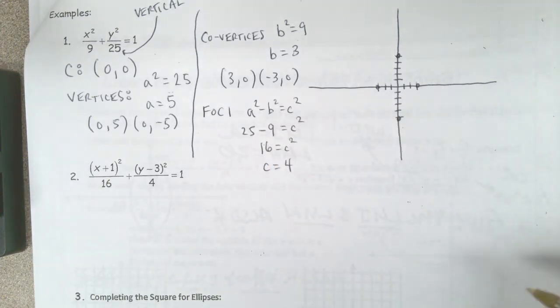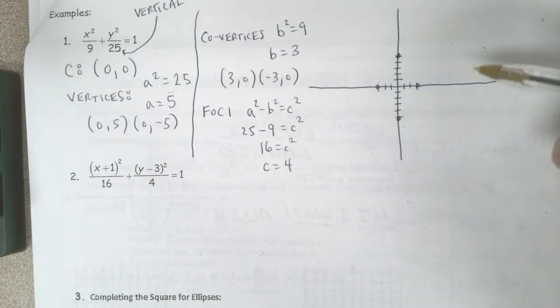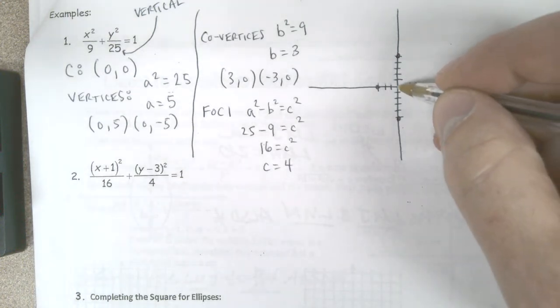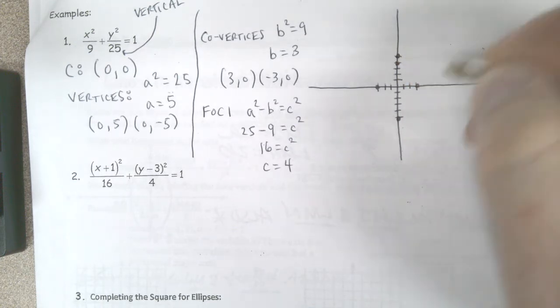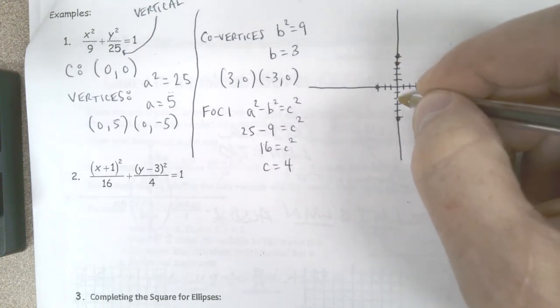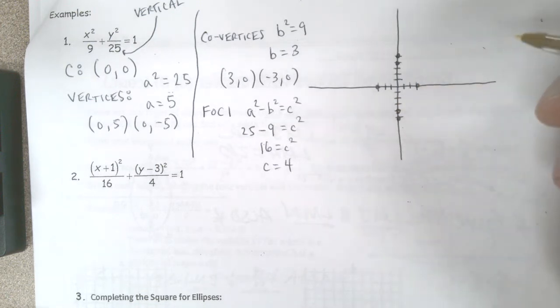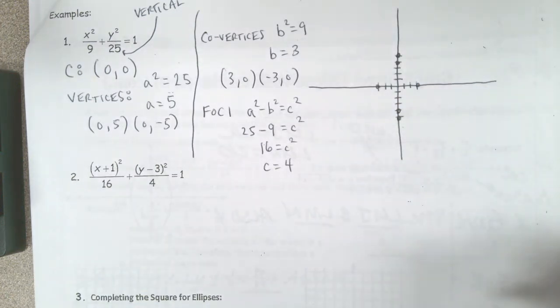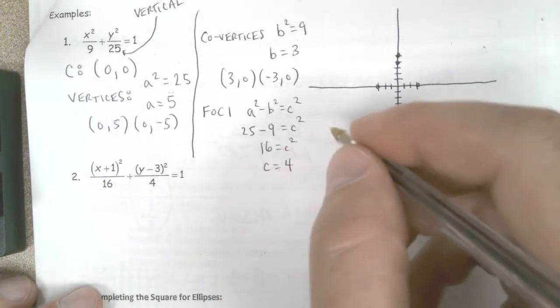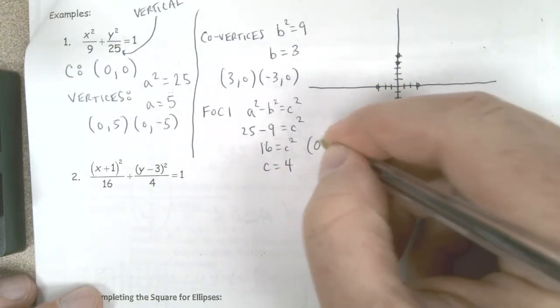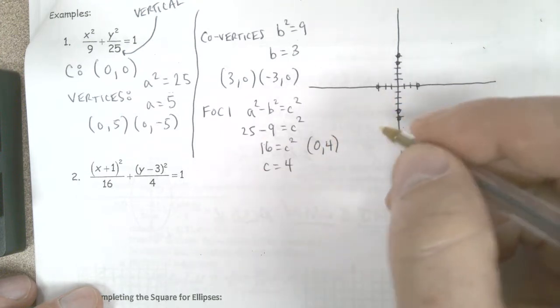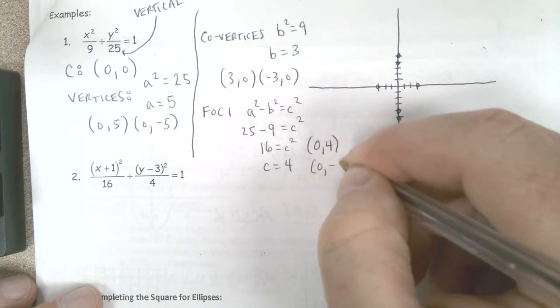Again, our foci lie on the major axis, which is the longest axis. So I'm going to count up 4, 1, 2, 3, 4. And I'm going to count down 4, 1, 2, 3, 4. So my foci, in this case, lie at the points 0, 4, and 0, negative 4.